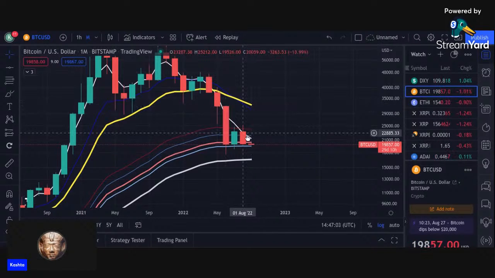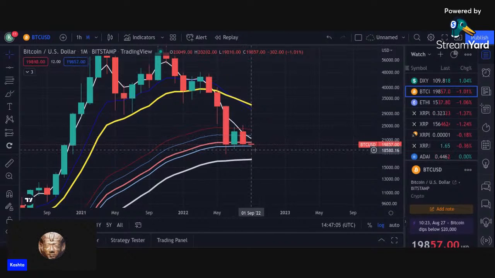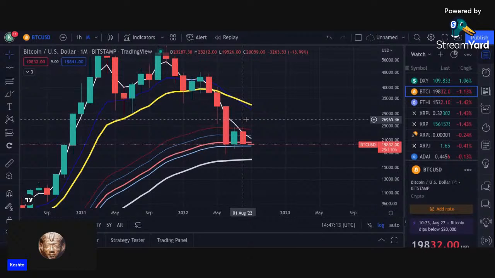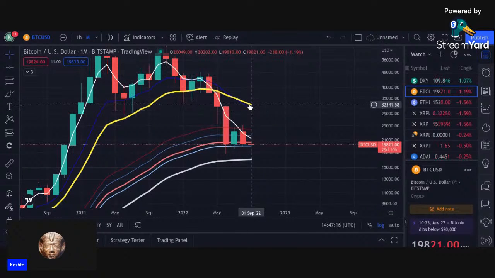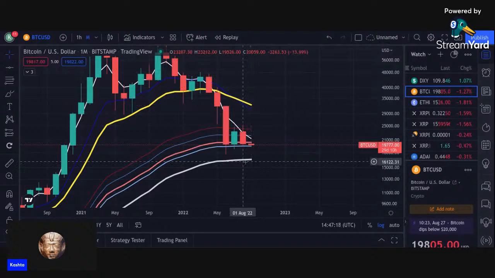So we have a few more crosses to go. Obviously, that could continue this downward range, but most importantly, it looks like in the short term, it's just the 3 going any lower. The 9 is kind of far away, and the 19 is kind of far away on this monthly chart. So we don't have any impending ones on the monthly, but you do see where your supports are at.